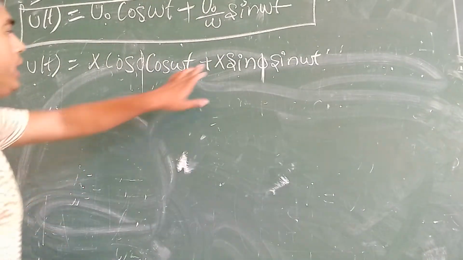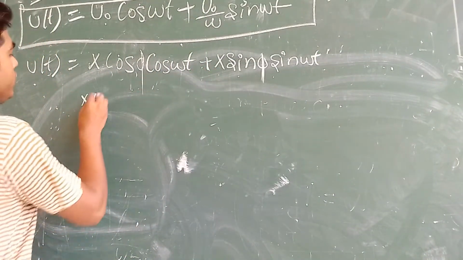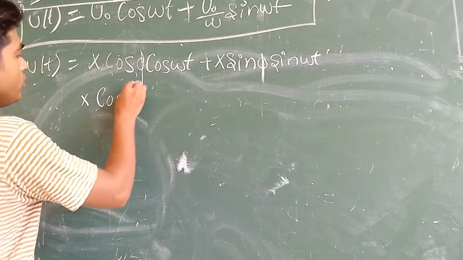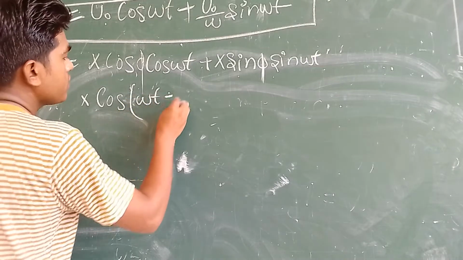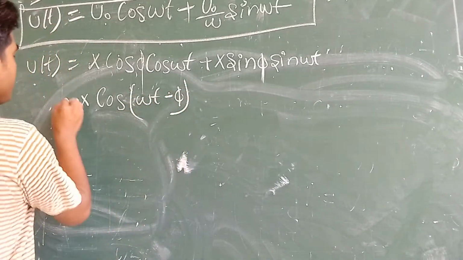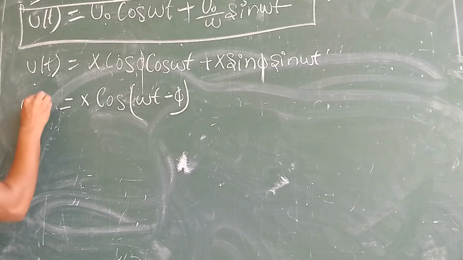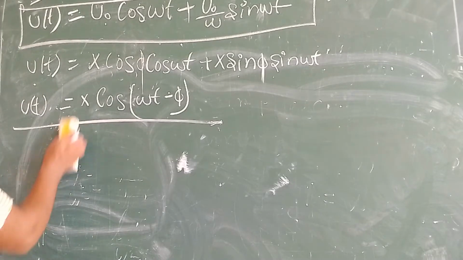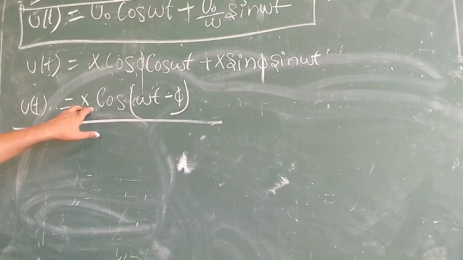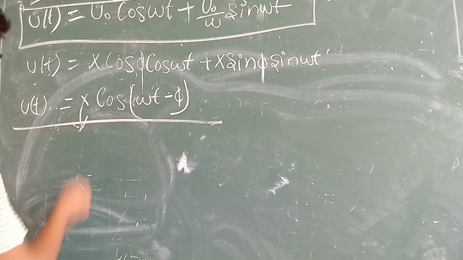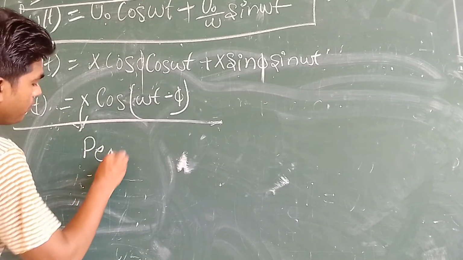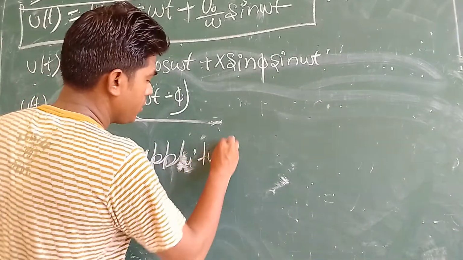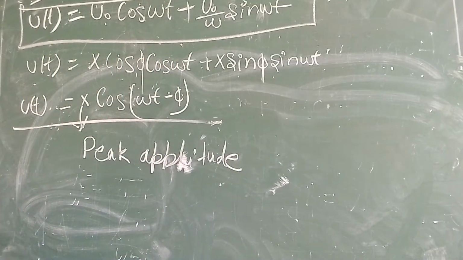You remember x is common here, so u equals x cos(omega t minus phi). This is the u. What is x? X is the peak amplitude.